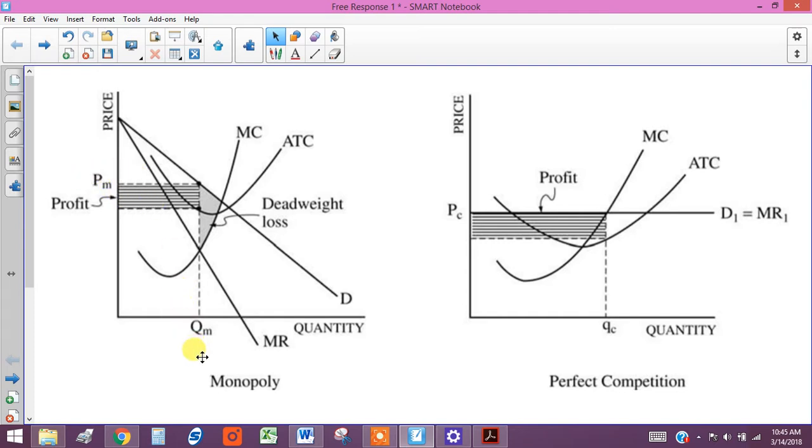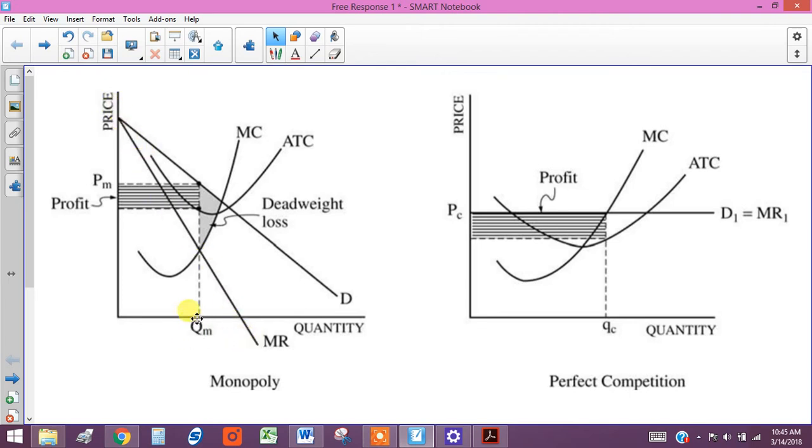And now let's real quick review how we determine a price, because when you draw your monopoly, you're going to want to draw your downward sloping demand curve here, and your downward sloping but steeper, like double the slope, marginal revenue curve here.